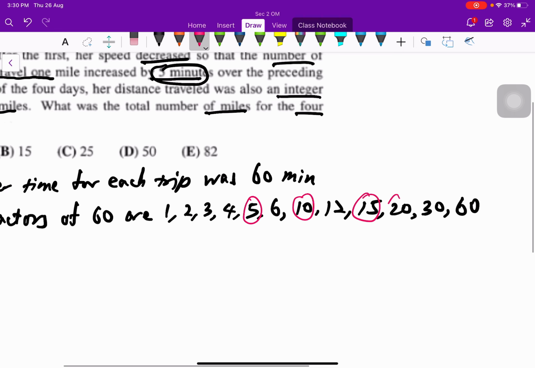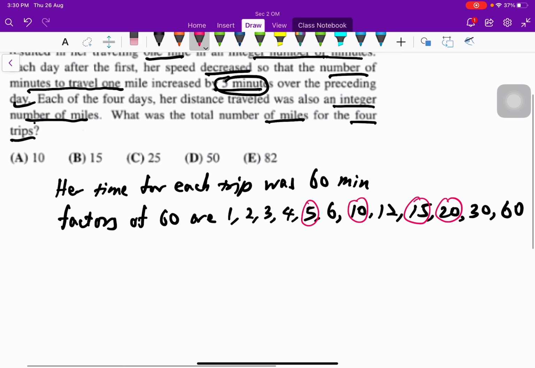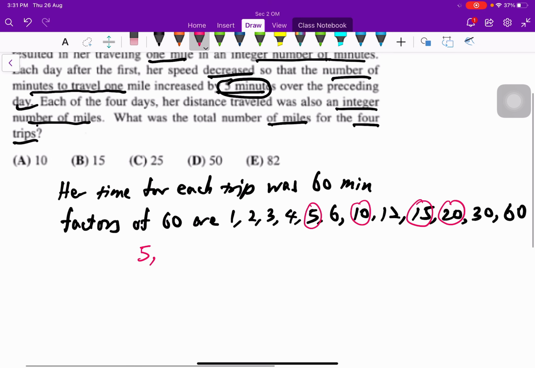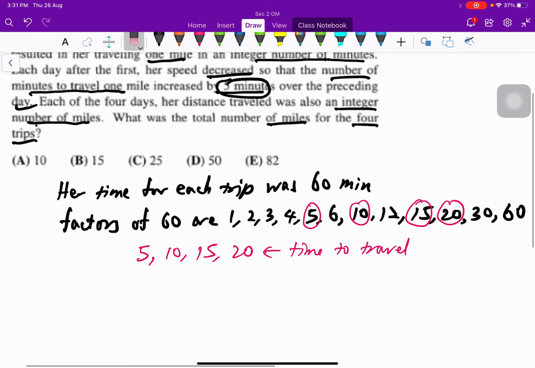These are the 4 trips. That means the time to travel 1 mile changes by 5 minutes each day, so we are looking at these 4 numbers, 5, 10, 15, and 20.